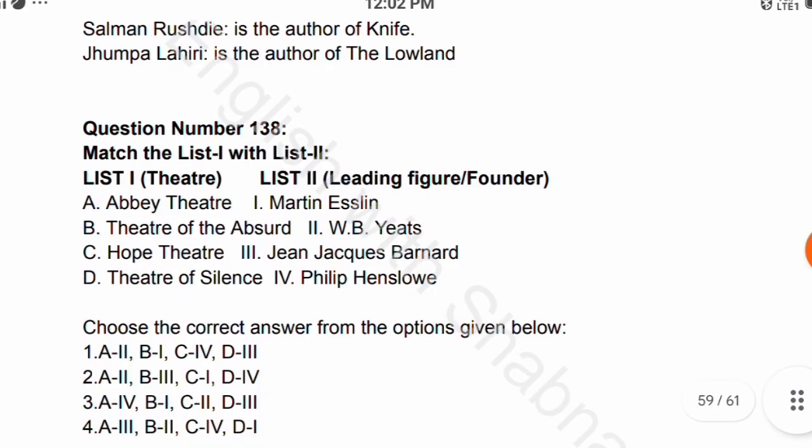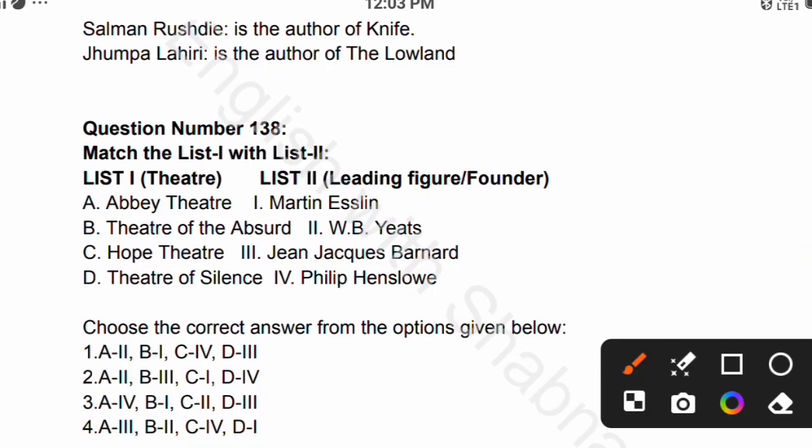Now you have to match the theater in list 1 with the leading figure and the founder of that particular theater. Option A you have Abbey Theatre, option B Theatre of the Absurd, option C Hope Theatre, and option D Theatre of Silence. Here the founders you have Martin Esslin, W.B. Yeats, Jean-Jacques Bernard, and Philip Henslow.